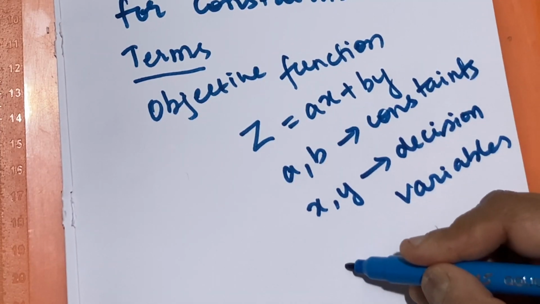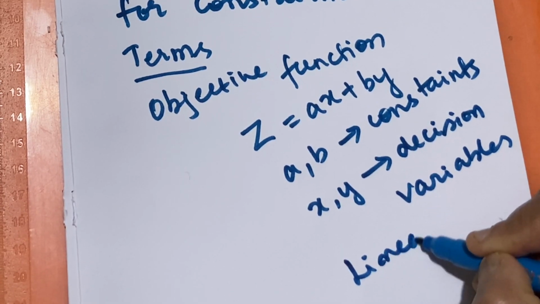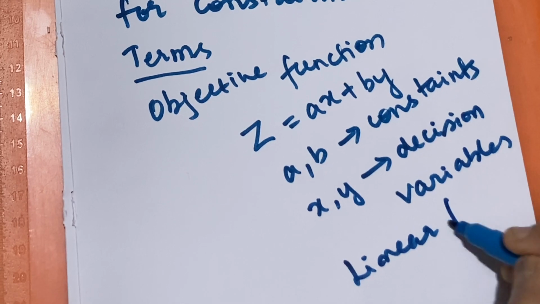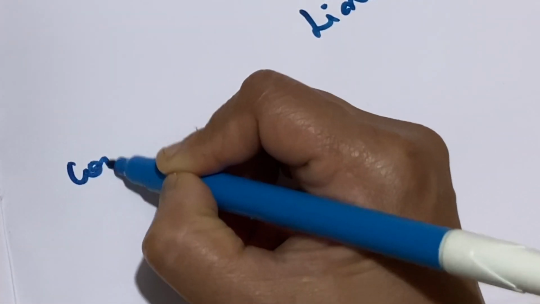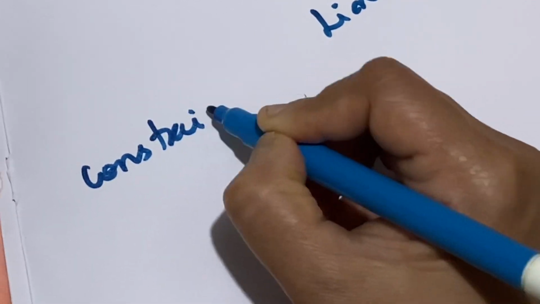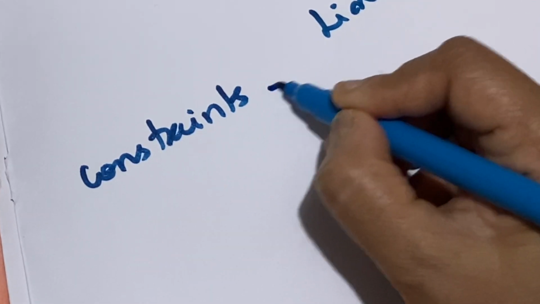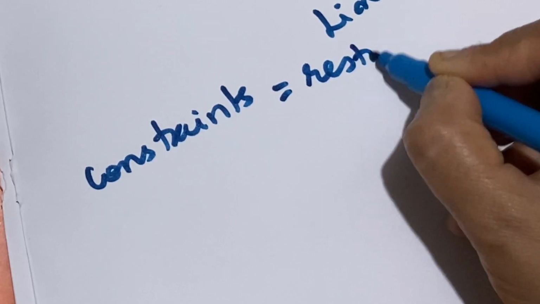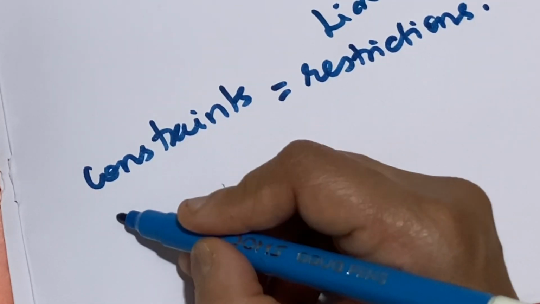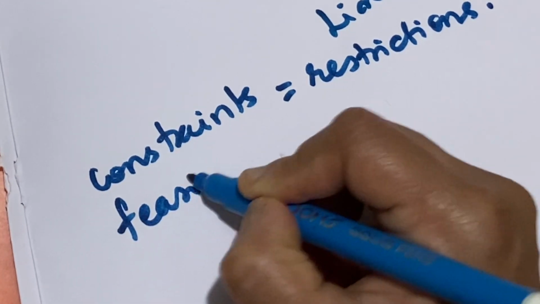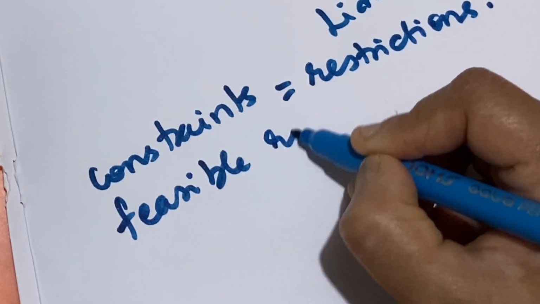This is a linear function which needs to be optimized. Constraints or restrictions or limitations. Now we have to understand what is a feasible region.